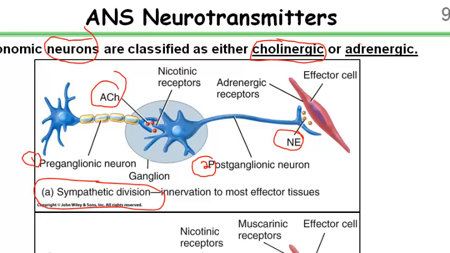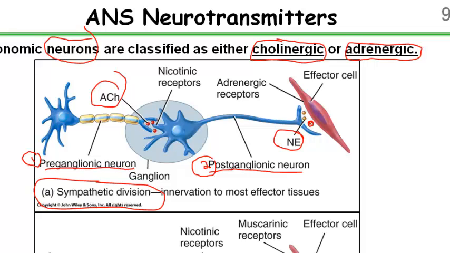If you release norepinephrine, we call you an adrenergic neuron. So this is terminology we use. You'll notice with the sympathetic division, the preganglionic neuron is cholinergic because it's releasing acetylcholine. The postganglionic neuron is adrenergic because it's releasing norepinephrine.